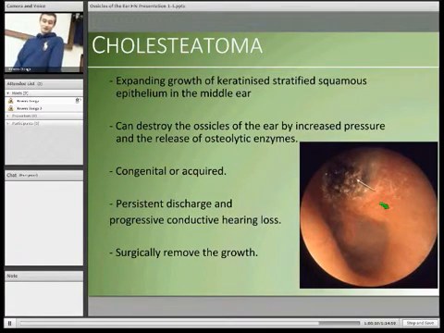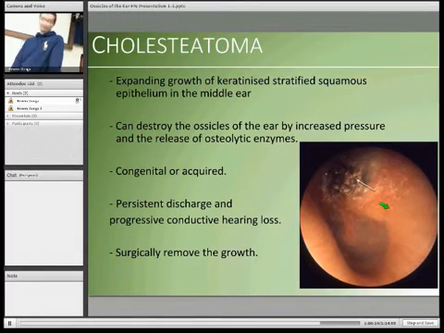You can have congenital or acquired cholesteatoma. Congenital involves trapping of squamous epithelium within the temporal bone, and acquired is usually from a eustachian tube dysfunction resulting in a negative pressure in the middle ear.